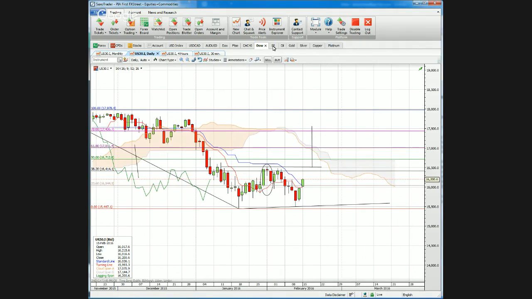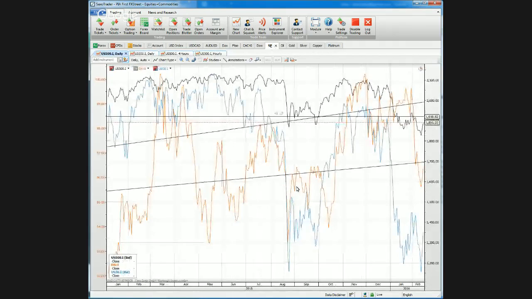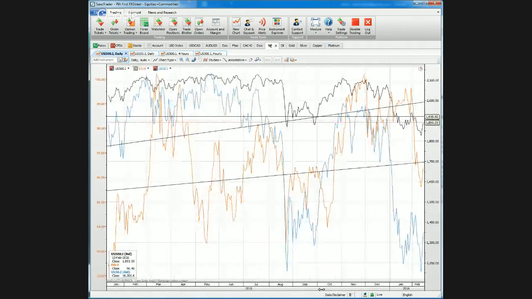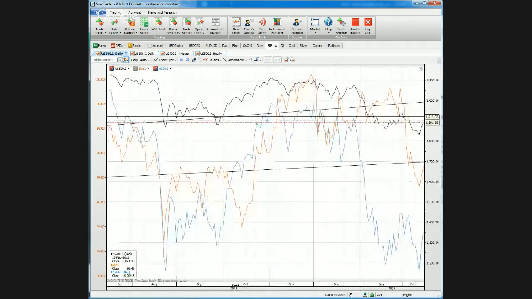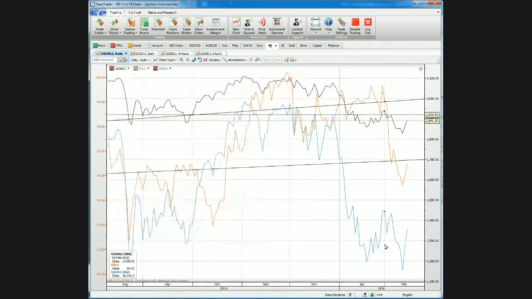I'll move on to the S&P now. What we've got is the S&P, the Dow, and the dollar. S&P is this black line. This is a sort of medium-term chart.